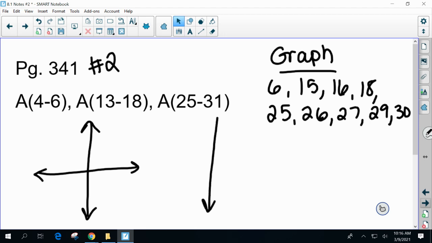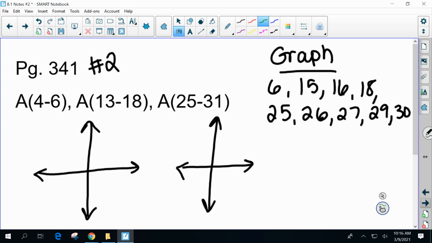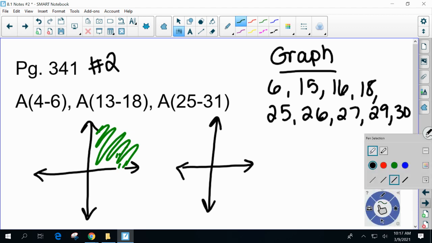So you have 2 options when you're graphing most of these. Option 1 would be to only graph in this quadrant right here, and to then use this part as your y-axis and this part as your x-axis.